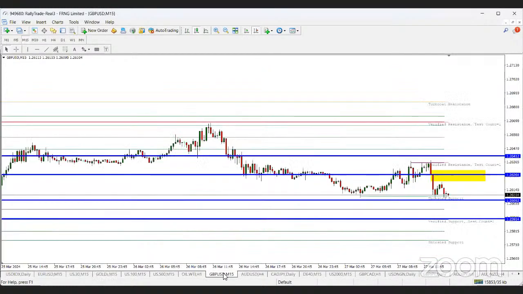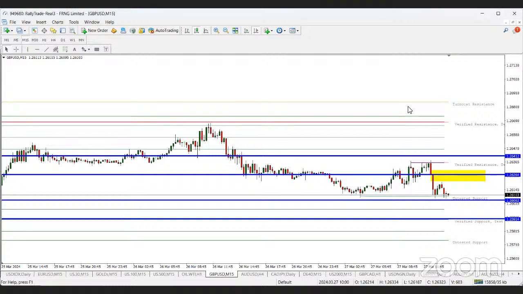We looked at GBP USD. What did we say about GBP USD? We said that if it buys towards 1.26260, we can consider selling down from that point.